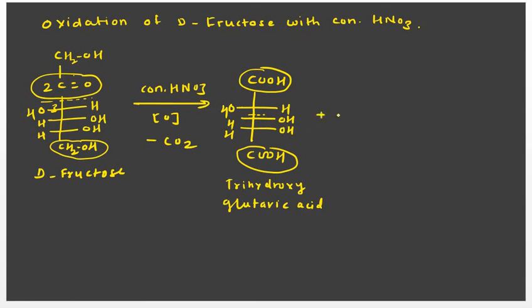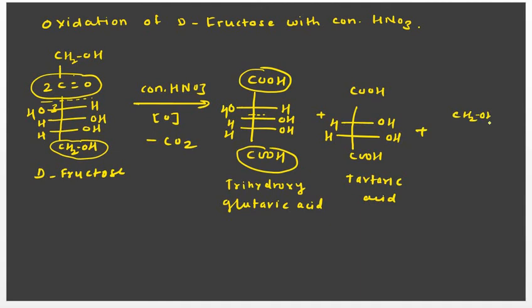So again we get two products here: COOH, COOH, in between there are these two OH and hydrogen. So the name of this is tartaric acid. Again we get another product, that is CH2OH, COOH. The name of this is glycolic acid, remember.